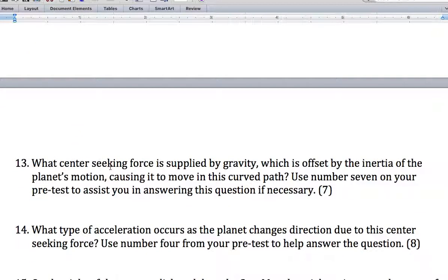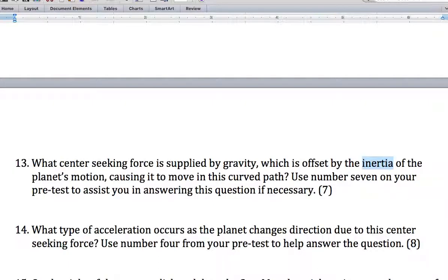So what center-seeking motion or center-seeking force is supplied by gravity, which is offset by the inertia of the planet's motion, causing it to move in this curved path? You might be inclined to write gravity, but there's actually a different force that we're talking about, and it's really a combination of gravity and inertia.